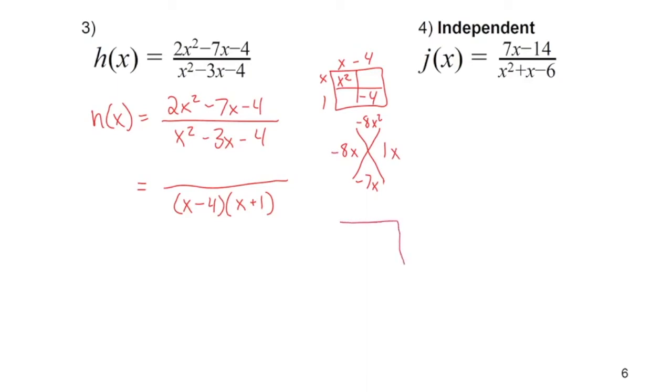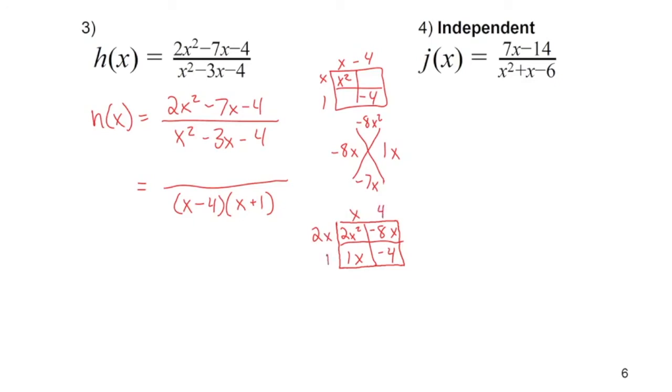So that AC method helps us fill out the inside of the box. I know that I have 2x squared and a -4, and I will have a -8x and a 1x, and now I can go about filling out the outside of the box. 2x and x, and this will have to be a 4, and this will have to be a 1.